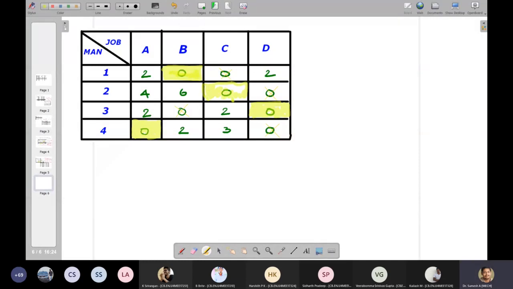Now every job and every machine is assigned. So job A is assigned to man 4.